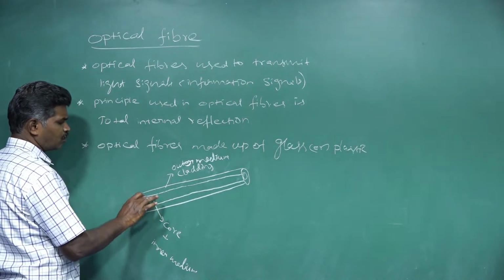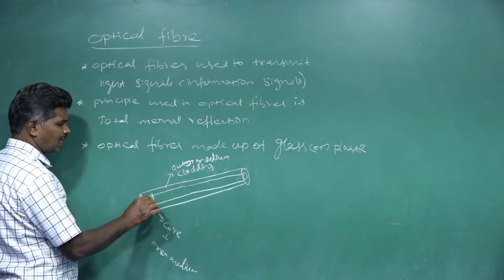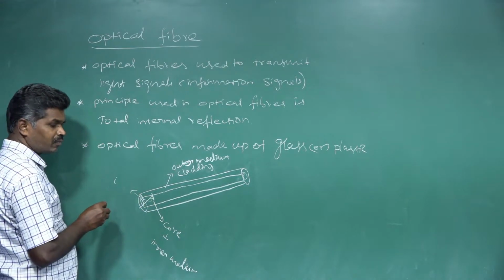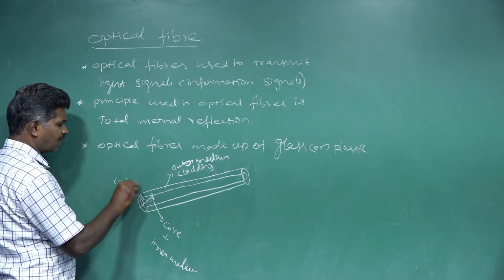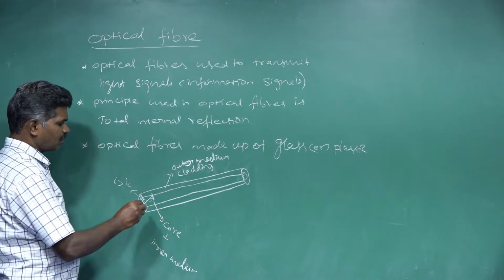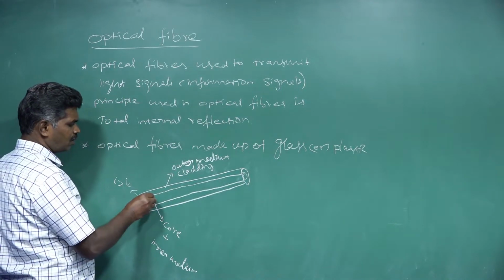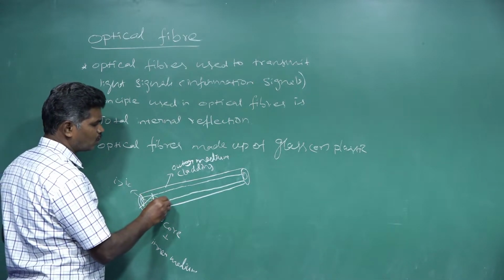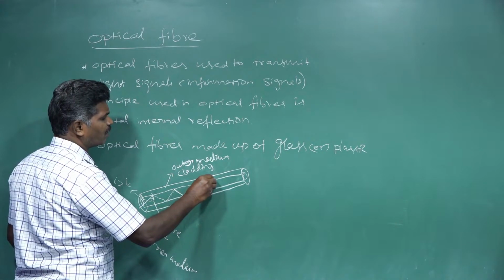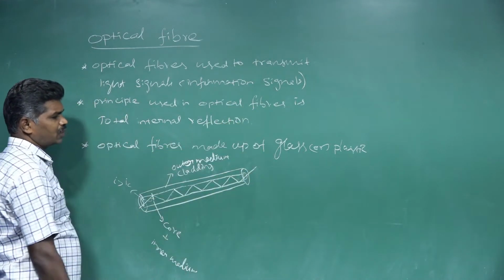When light moves from the interface of the core to the cladding with an angle of incidence greater than the critical angle, the light passes from one end of the cable by total internal reflection through the core of our fiber cable, and finally reaches the opposite end.